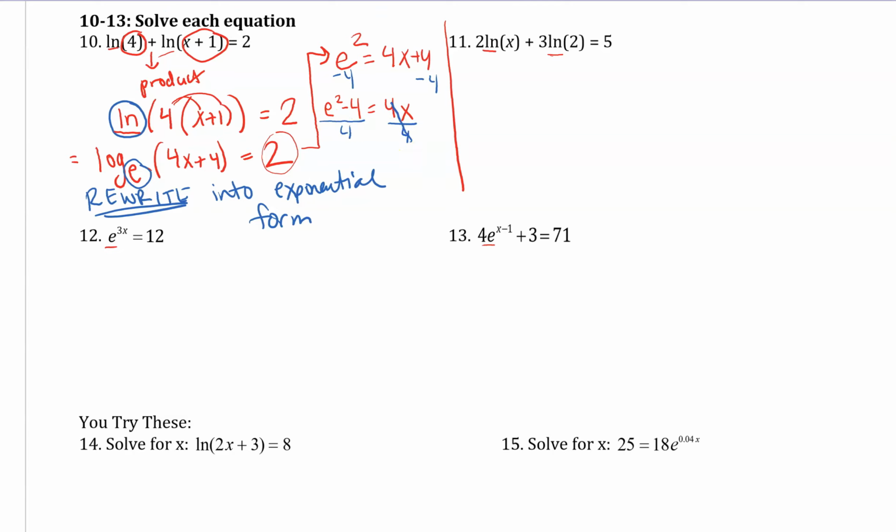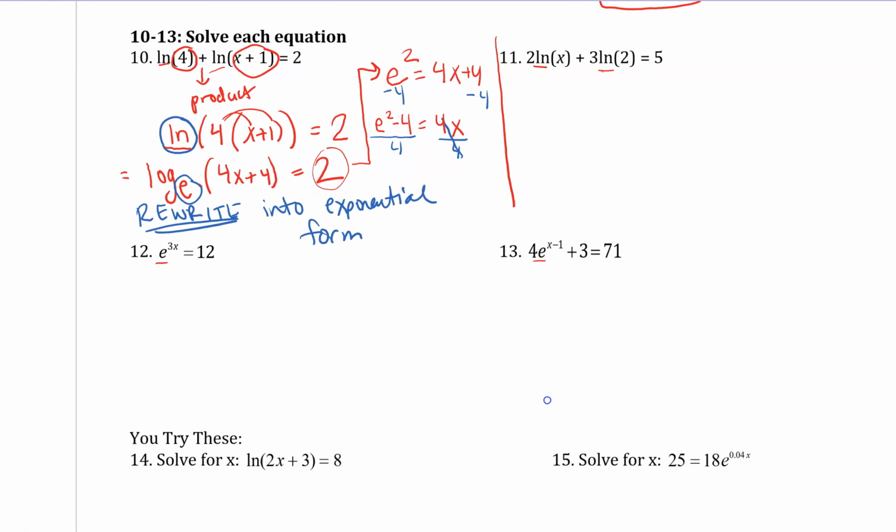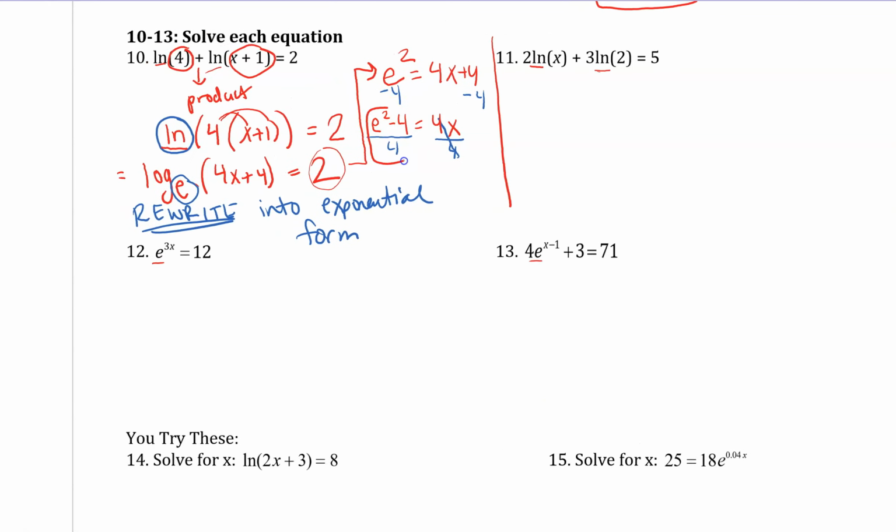So I've got my two answers. I've got my exact value. Let me box this first. So I have my exact value answer, which is equal to e squared minus 4, and then all of that divided by 4. And then I have my approximate value, which is what I would get if I plugged that into a calculator.